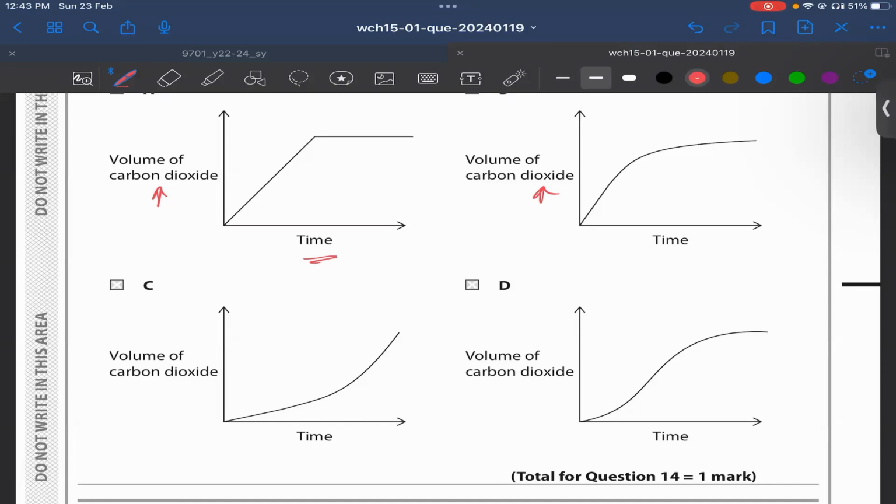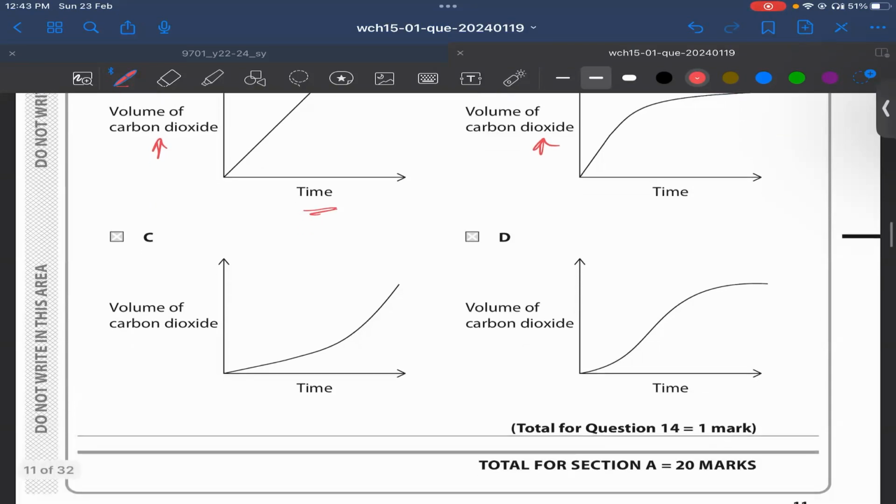Normally it would be something like this for a normal reaction, where the volume of carbon dioxide forms and ultimately goes constant, it stops forming. But when we talk about an autocatalytic reaction, the graph would be something like this. The slope of a volume-time graph is the rate of reaction.